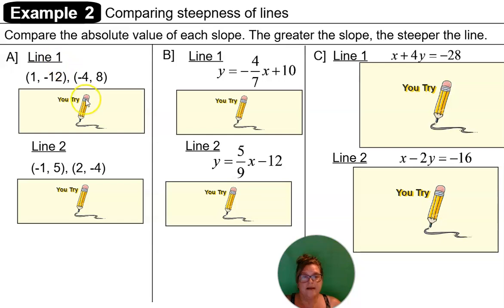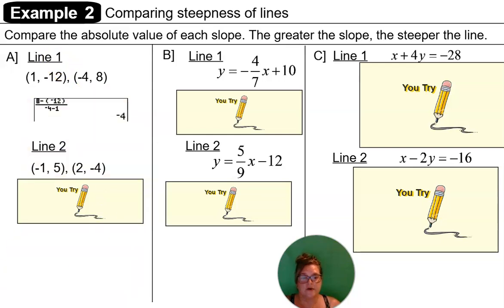So line 1, when we calculate the slope, we've got 8 minus -12, over -4 minus 1, and that's a slope of -4. The absolute value of -4 is 4.